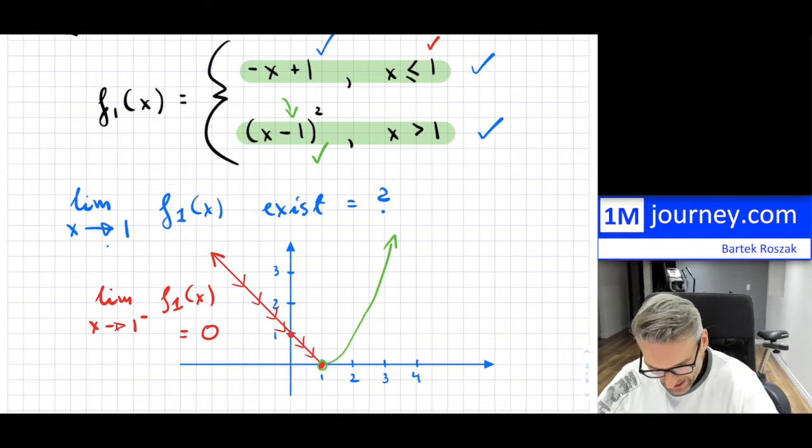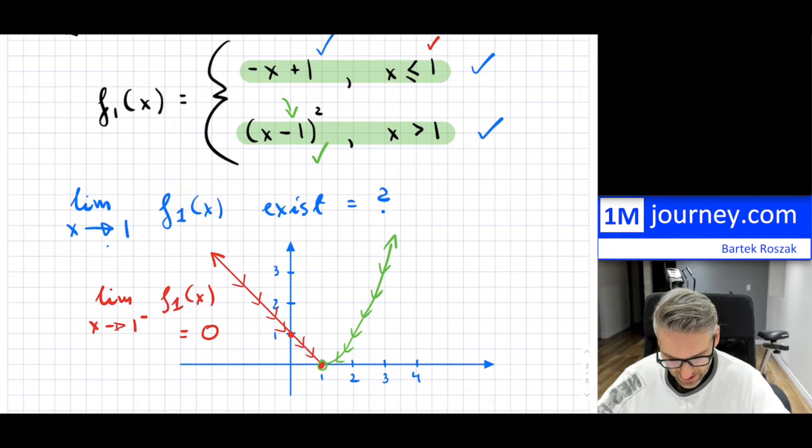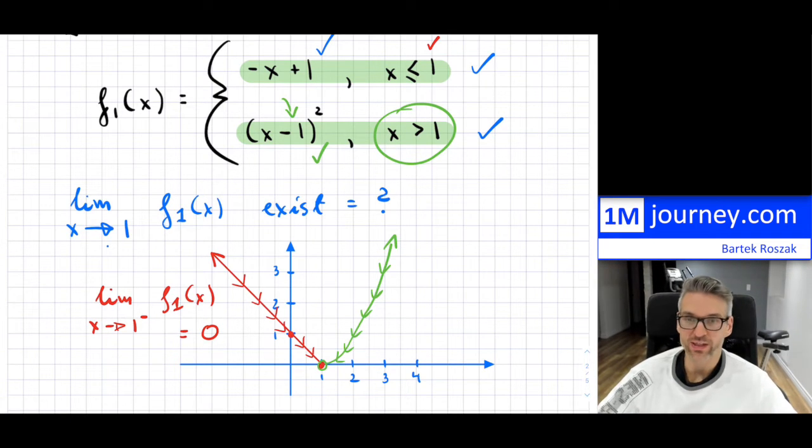Now, from the right-hand side, if we're approaching 1 from the right-hand side, notice it's not actually defined there. But we can approach it and get closer and closer and closer.